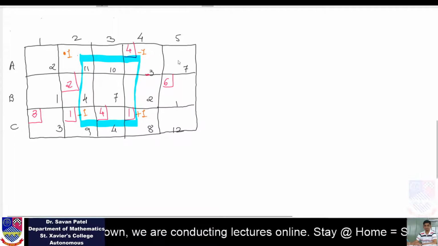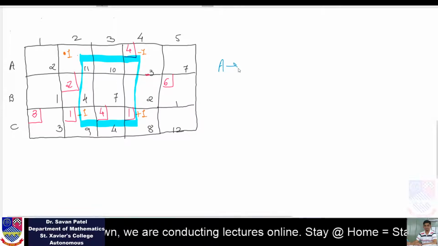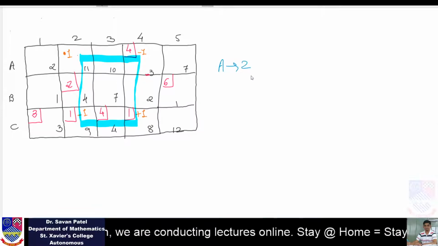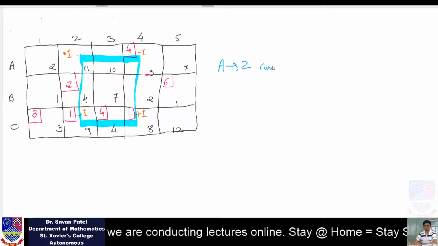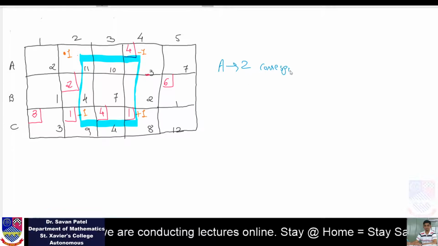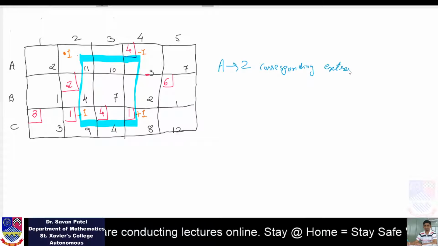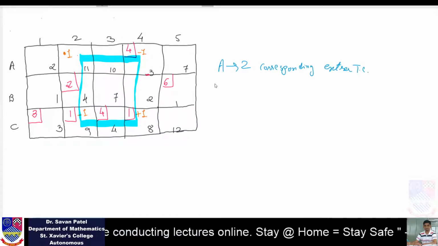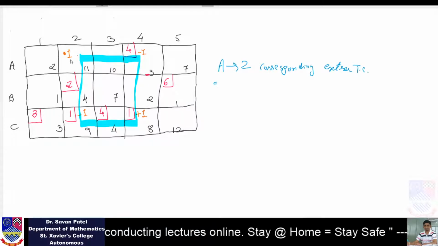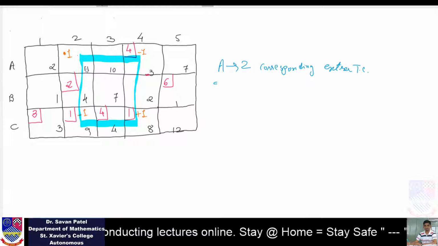So if I transport from A to 2, then the corresponding extra transportation cost is here. The transportation cost was 11.